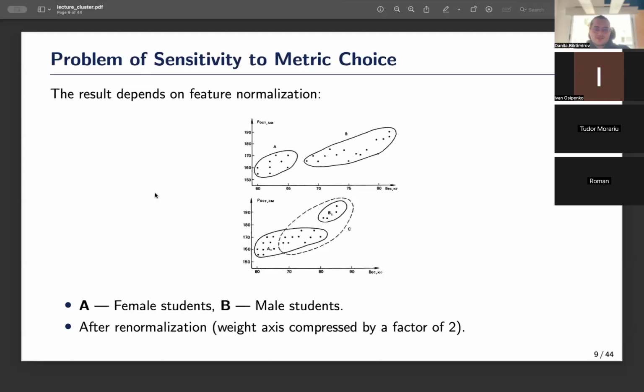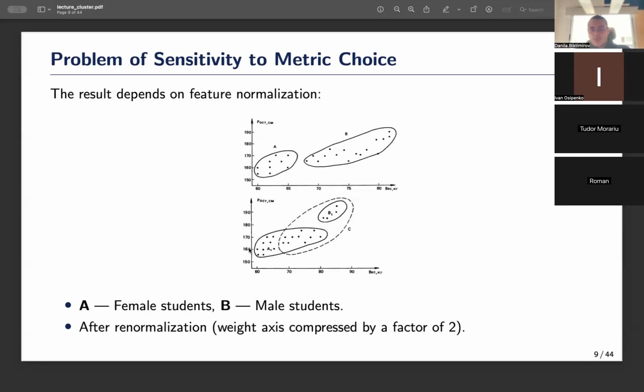I took this image from an old Soviet-era textbook, but it's a good image and very informative, even if you don't understand the Russian words. In the example, we have a group of students analyzed by their weight in kilograms and height in centimeters.